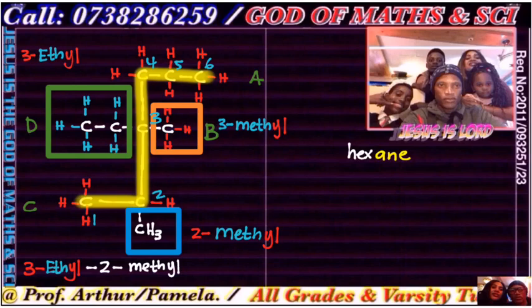And I'm going to go for the one at number 3. 3 dash methyl. Because the letters were the same. Alphabetical order, they were the same. But numerically, 2 comes first. Isn't it right? And then that name, hexane, must be one word, which means it must be hex, and then A-N-E. This is supposed to be the name.